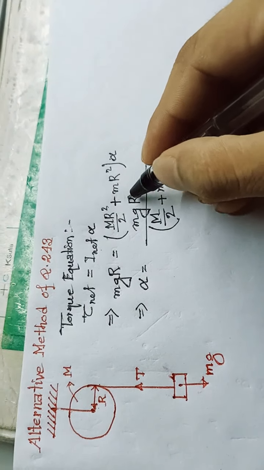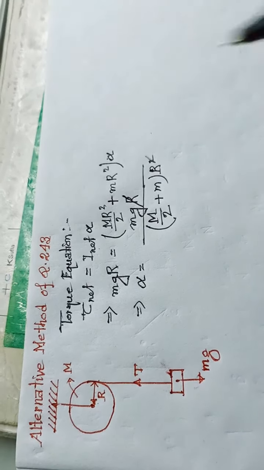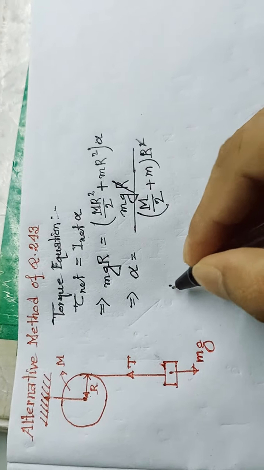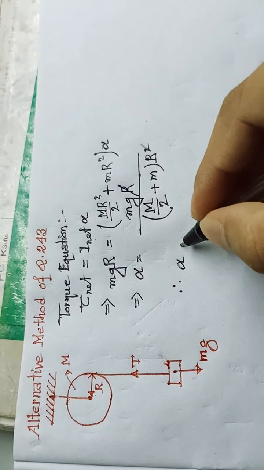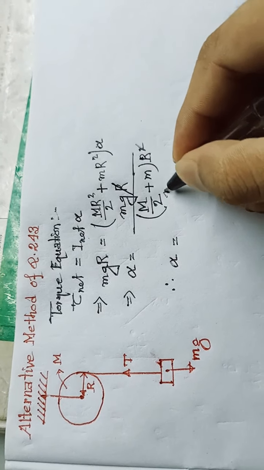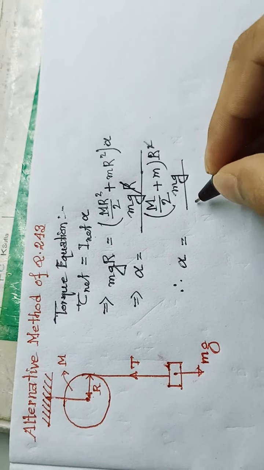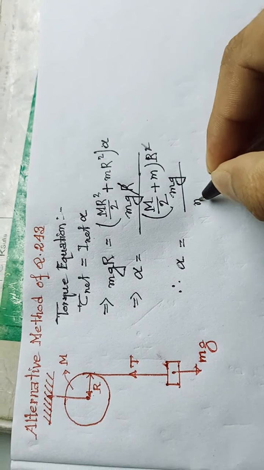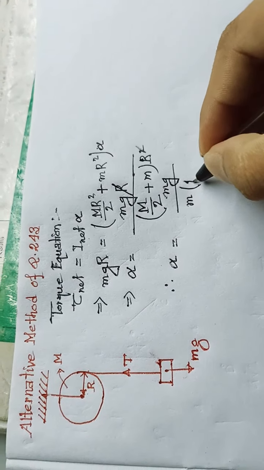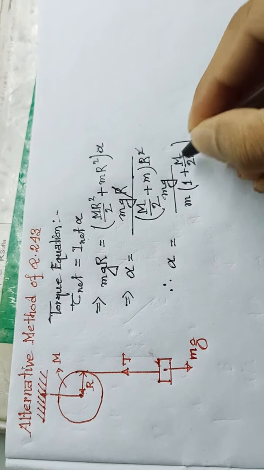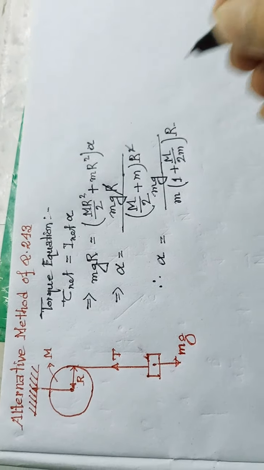From this equation we can cancel this r and this r. So our alpha, the angular acceleration, will become mg divided by, taking m as common, 1 plus capital M divided by 2 small m, into r. So this is our angular acceleration.